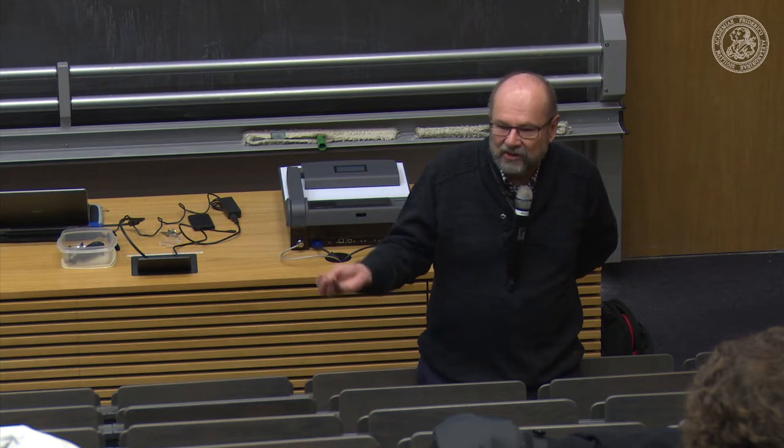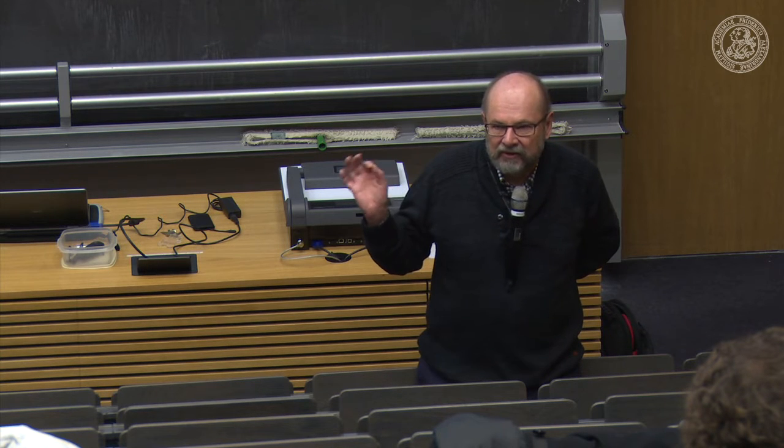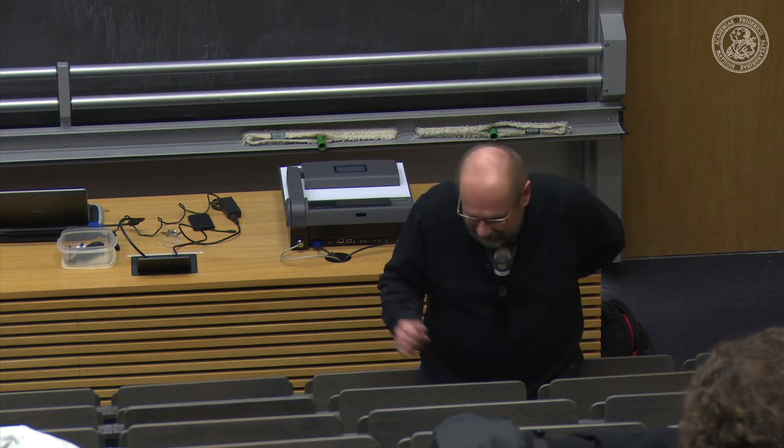What do you have to control to be sure that there is even a unique solution of your problem? We mentioned this last time. What does Picard-Lindelöf say? What do you have to control? Exactly.